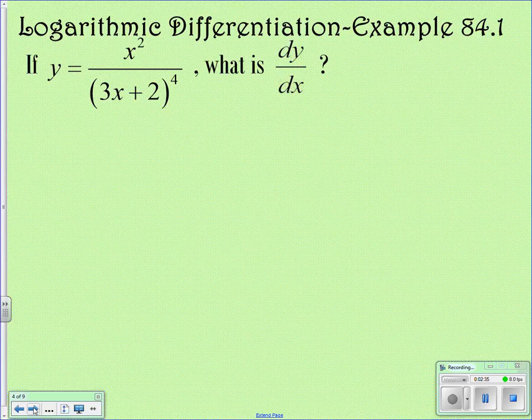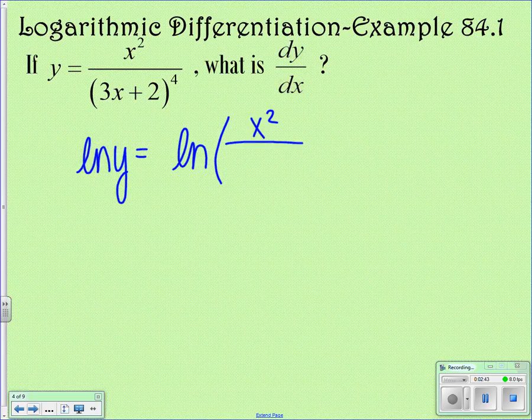So what we do here is we put an ln on each side of our equation. So you add an ln to both sides of your equation. And now we're going to use properties of logs to rewrite the right side.